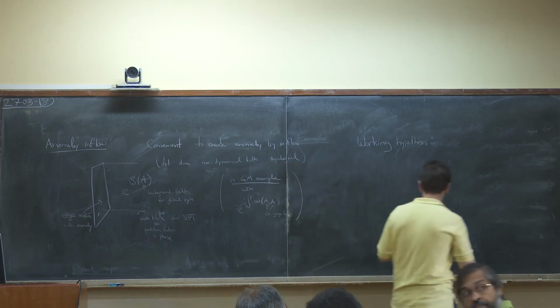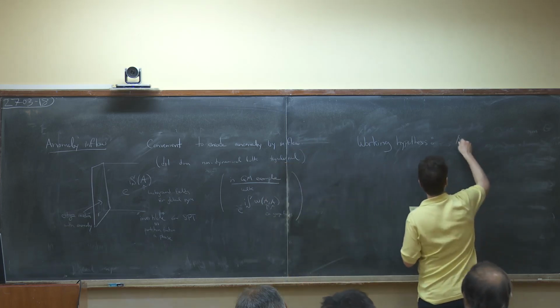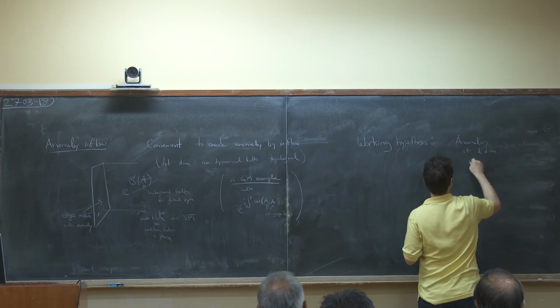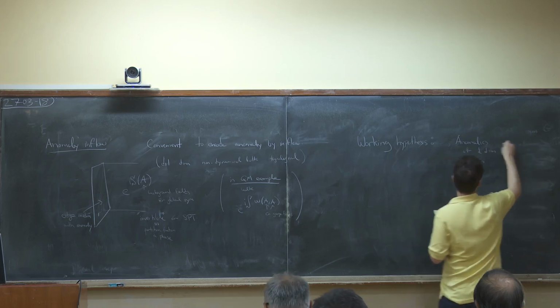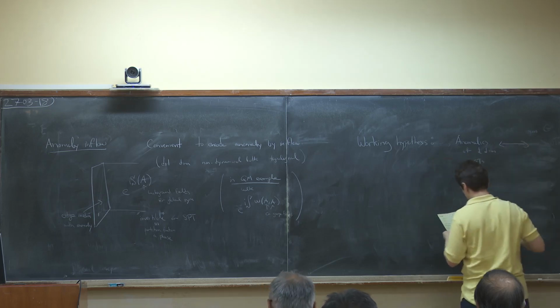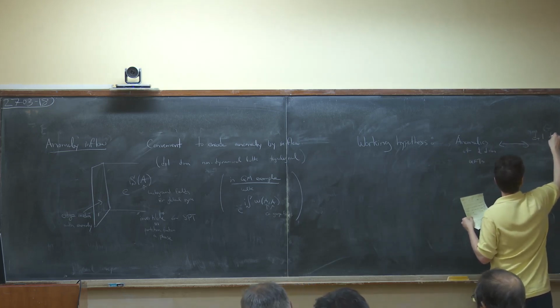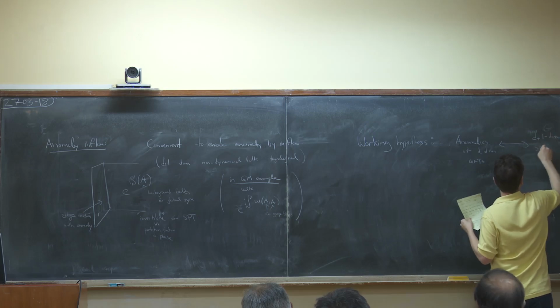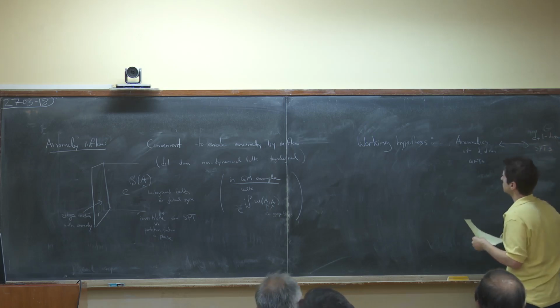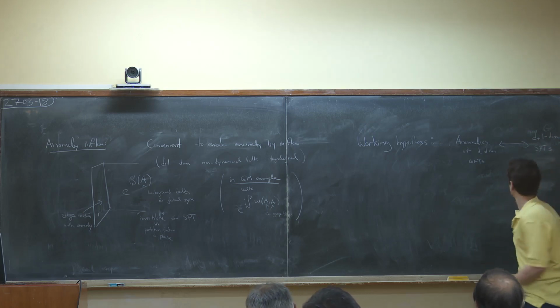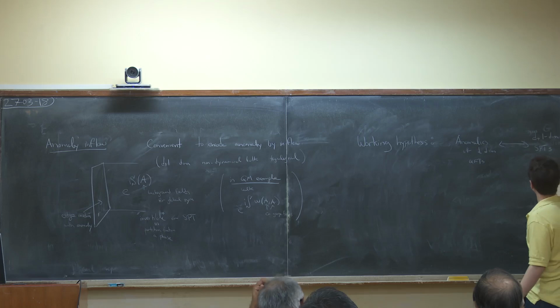Okay, so the working hypothesis is that anomalies of d-dimensional quantum field theories are mathematically the same, as this inflow picture suggests, as d plus 1 dimensional SPTs. And when I say that there is a math problem that's solved, what I mean is that this side here is completely mathematically understood.